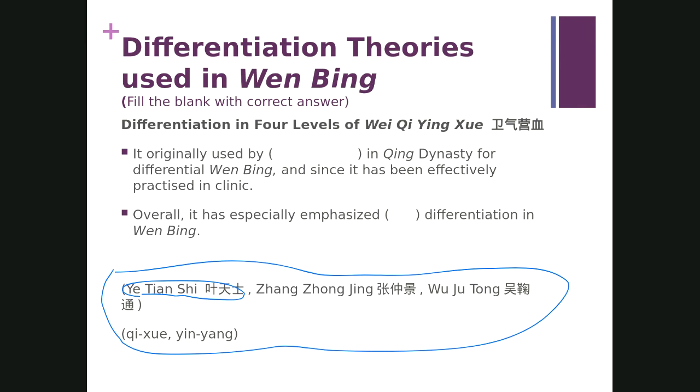Overall, Wenbing or the four levels emphasizes differential diagnosis focusing on qi and blood, yin and yang. So qi is more yang, blood is more yin, specific to these two components.